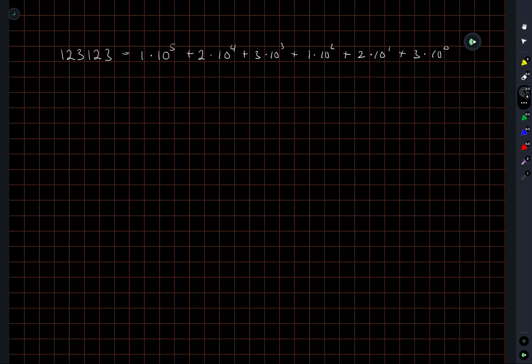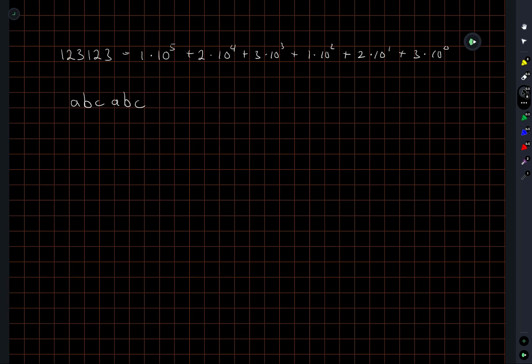So the question says if we start with any 3-digit number, then constructing it this way by repeating itself should be divisible by 13. So let's go ahead and write down A, B, and C are integers from, well, 1 to 9 or 0 to 9, I suppose.